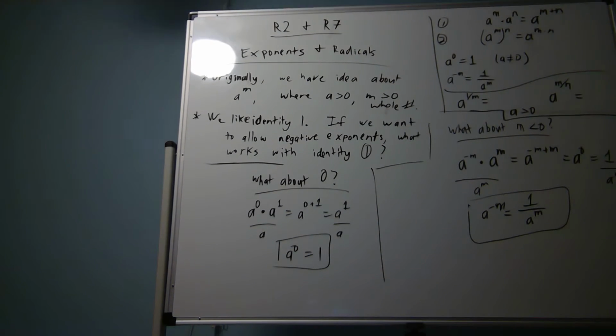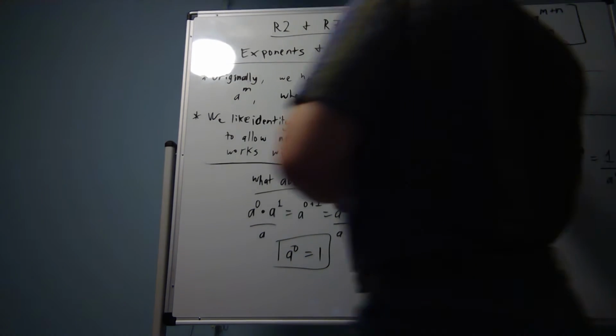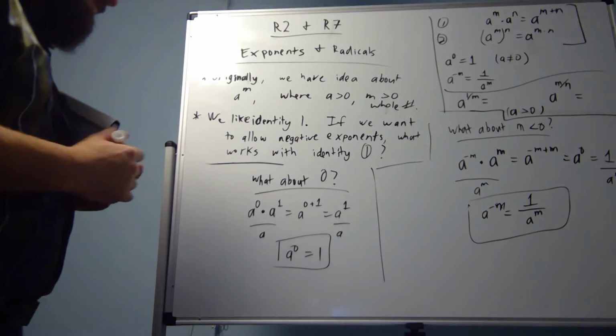Fractional exponents, you might already know the answer to what these are, but let's talk about it from the point of view of these identities. We really like these identities. But for these last two identities, let's just start with a to the 1 over m.